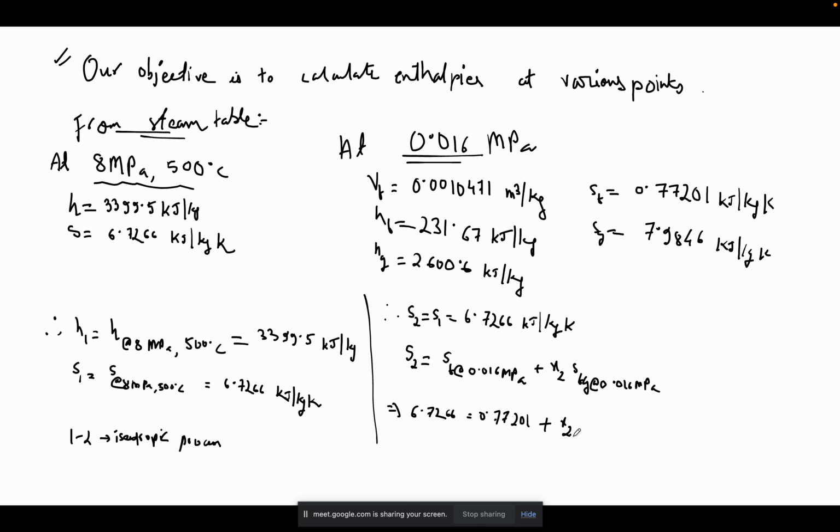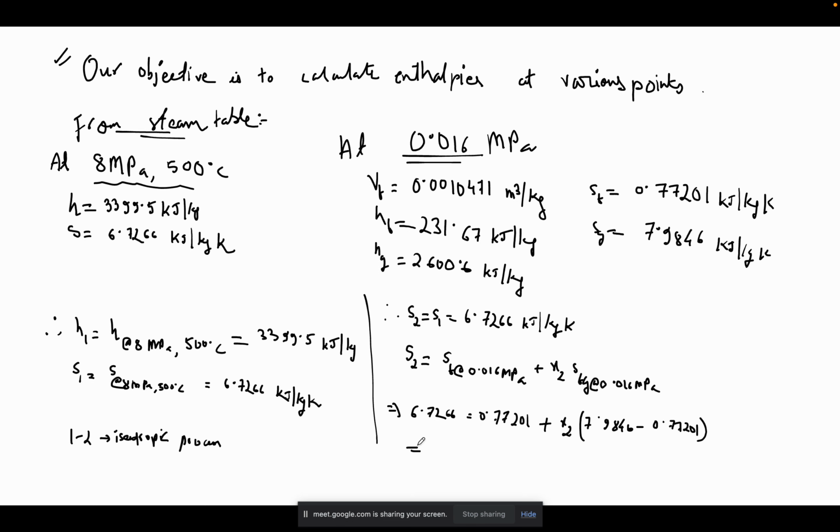Why we require x2, you'll know after this. And SFG will be basically Sg minus Sf, that is 7.9846 minus 0.77201.